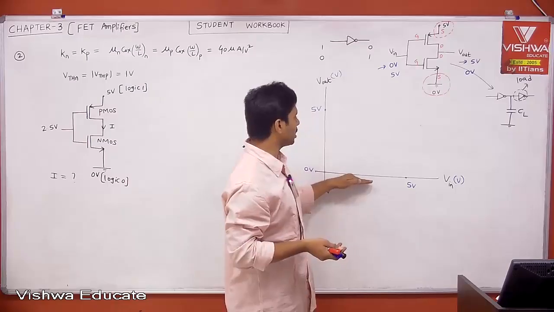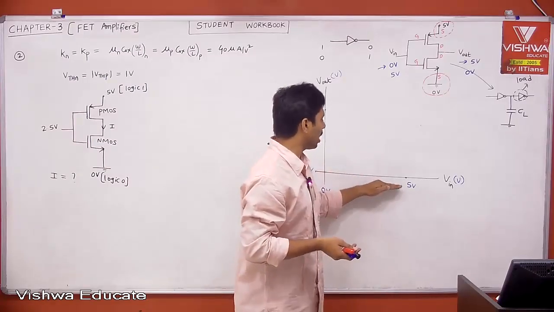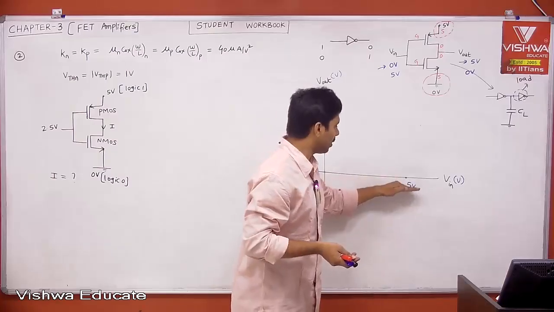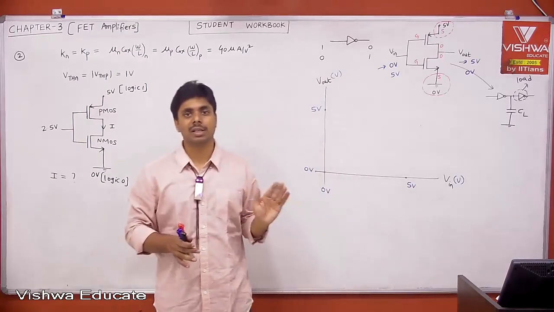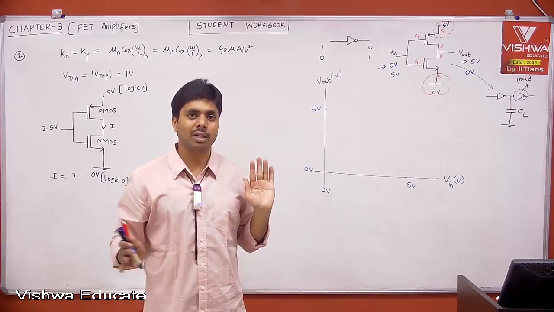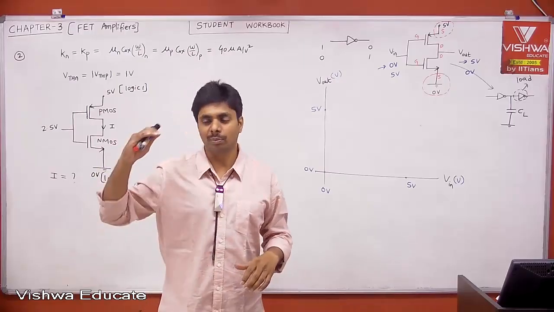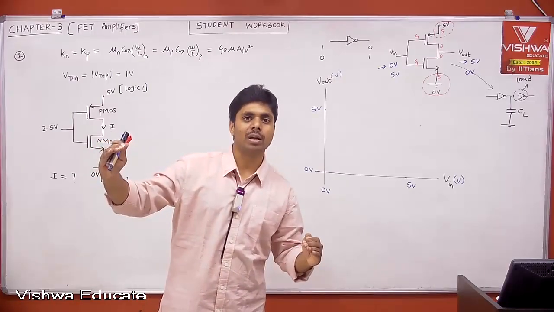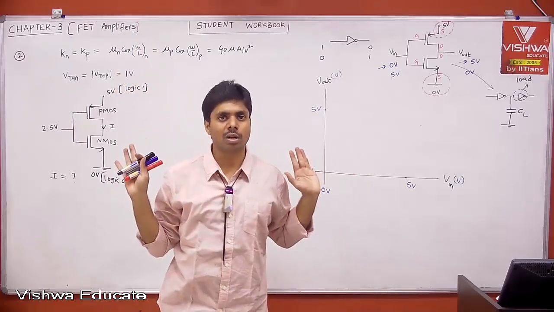Input is 2, input is 3, input is 4, input is 5, under steady state what is your output? Which is 0. Therefore, transfer characteristics are under steady state, with no timing information. The delay of the inverter is not represented in transfer characteristics. Input is given, under steady state what is output, and for each different input what is the steady-state output. That is what I am going to plot.